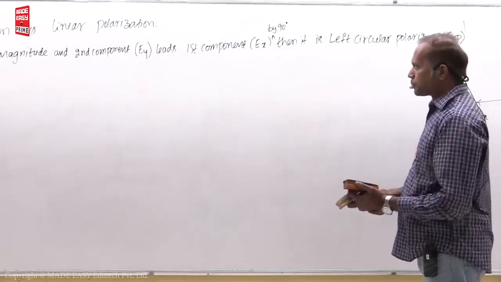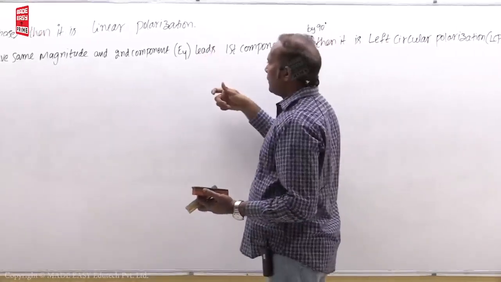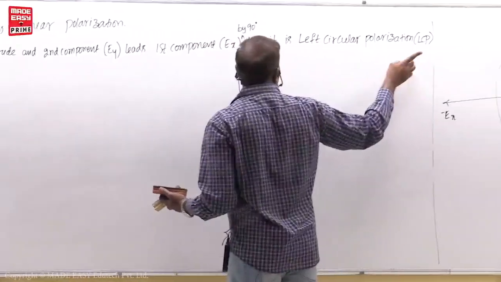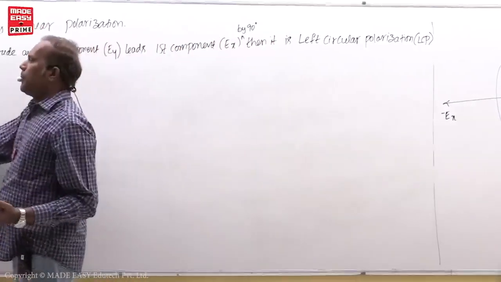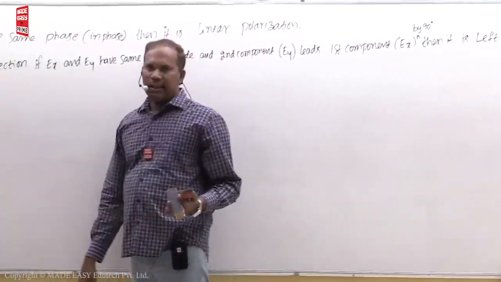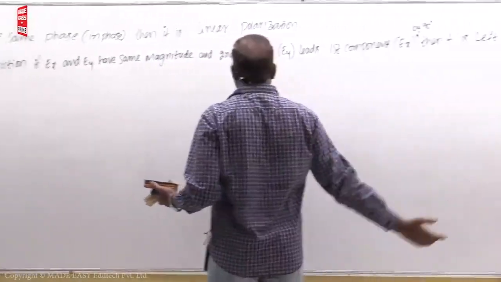Here, if you change lead to lag, then left changes to right, and also if you change plus z to minus z direction, then also left is changed to right.